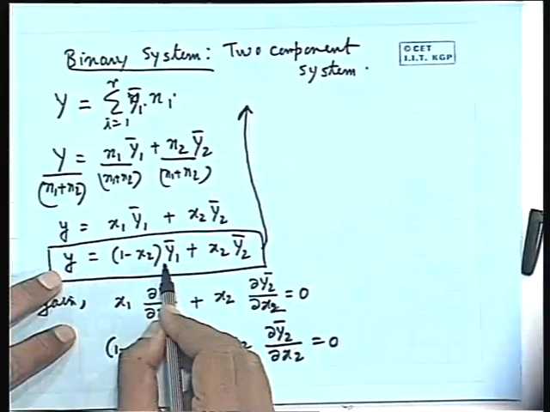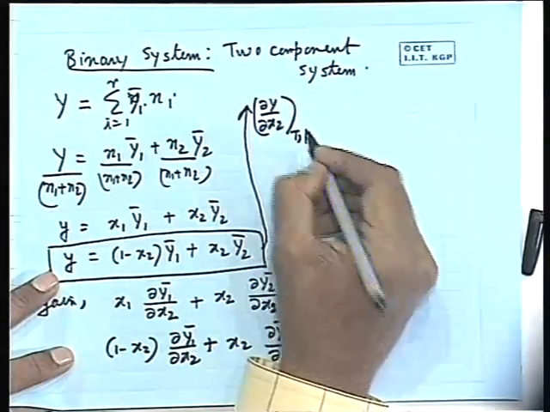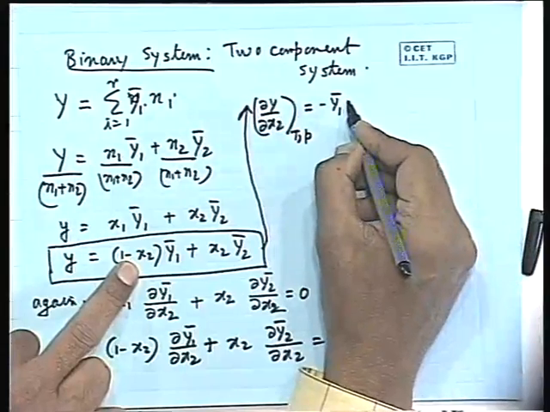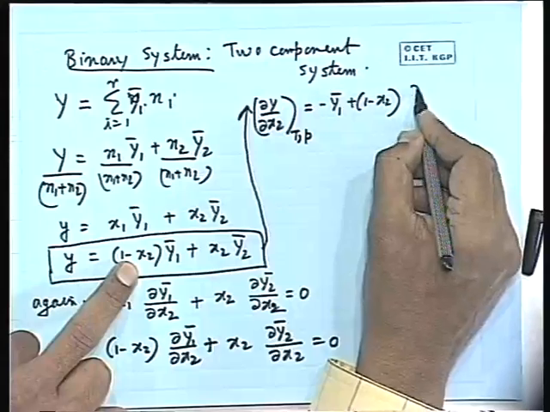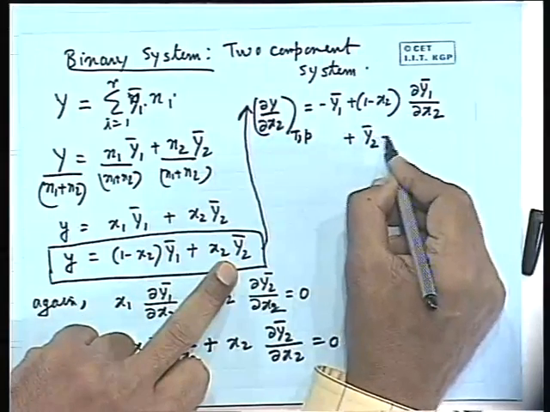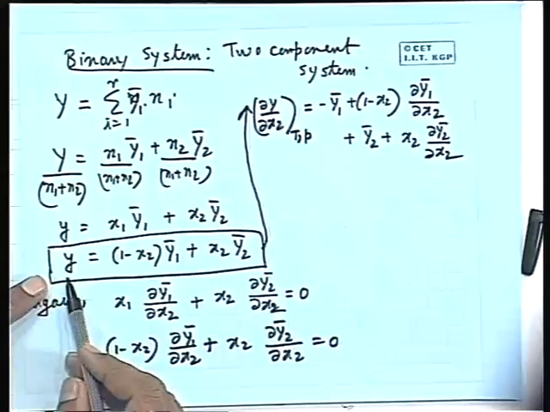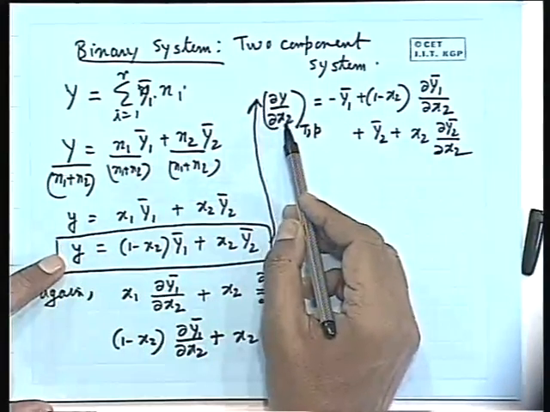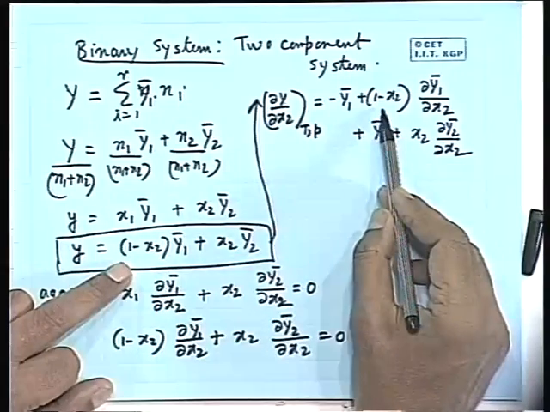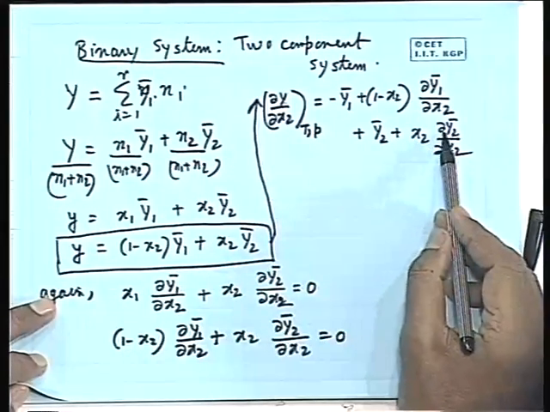Del y del x2 at constant temperature and pressure: the first term is minus Y1 bar, since the derivative of 1 minus x2 is minus 1, plus (1 minus x2) del Y1 bar del x2, plus Y2 bar plus x2 del Y2 bar del x2.